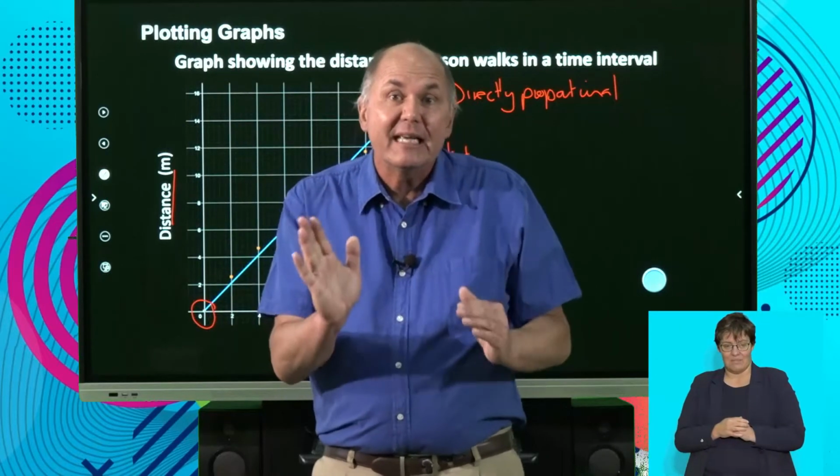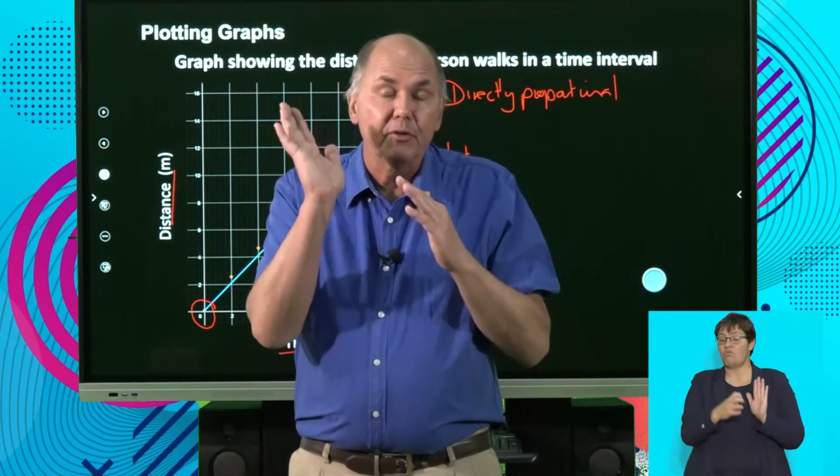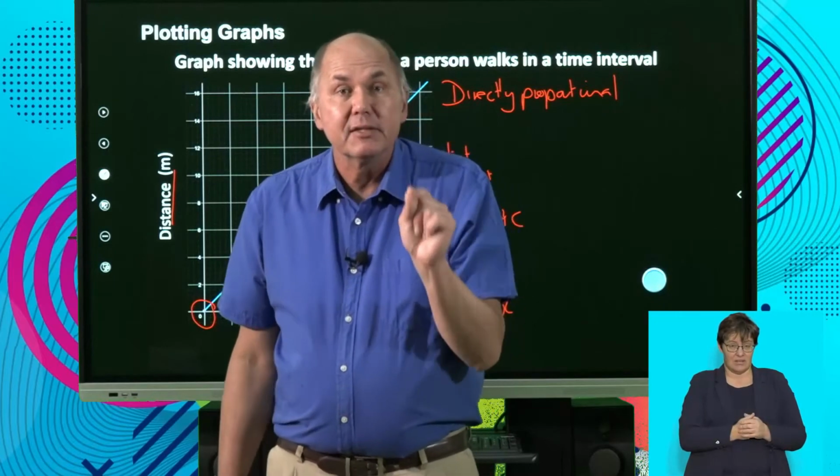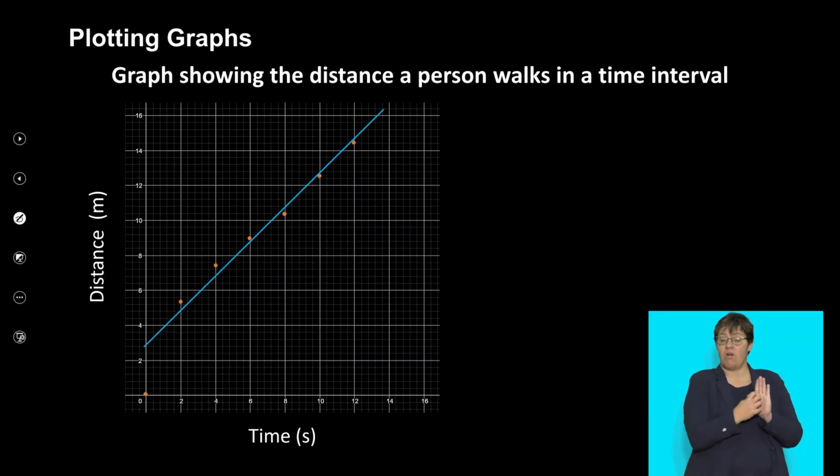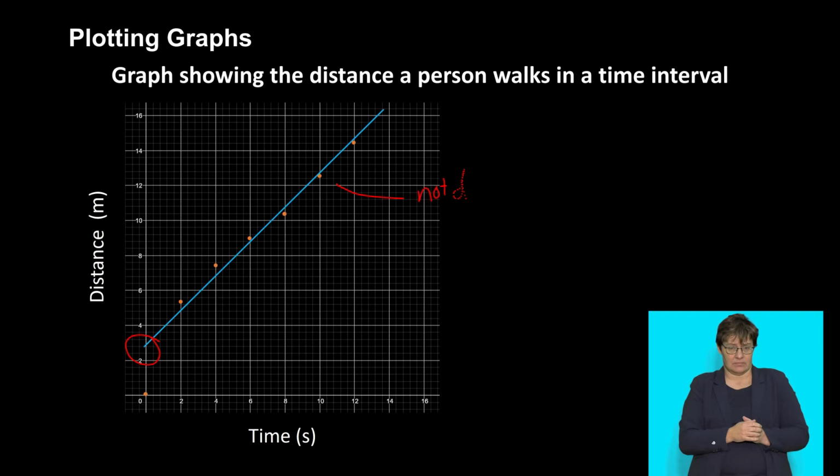That's what you can tell by looking at a graph with a straight line, but it must pass through the origin. Look at this one. This graph is a straight line, but notice something about it. It doesn't pass through the origin. This is not directly proportional.